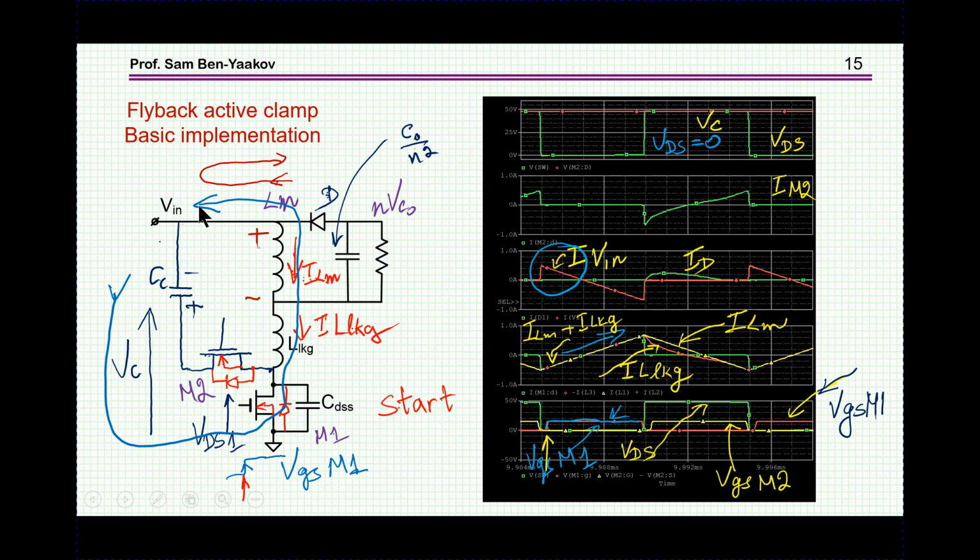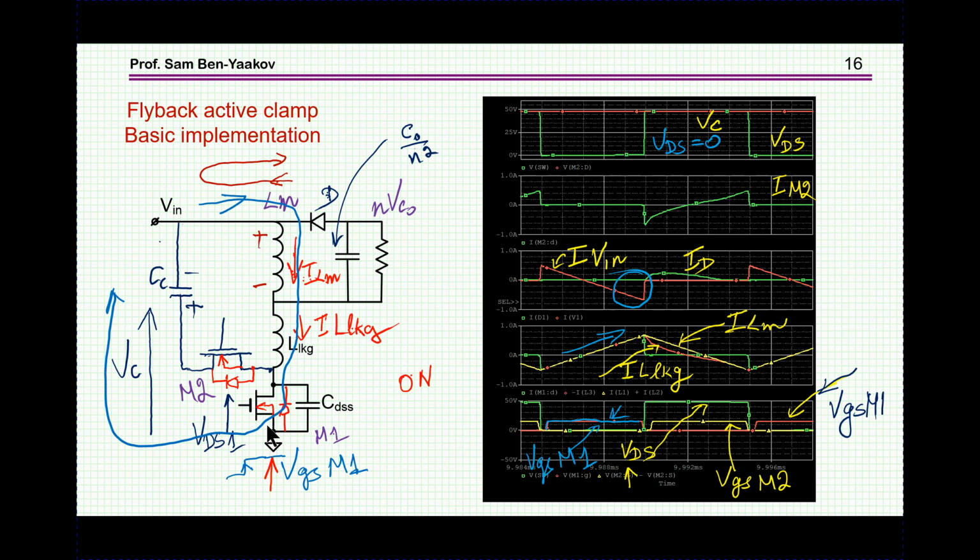So we're starting here. The current is now in this direction, no current to the output, just through leakage and main inductance. The diode is conducting, and we are turning on the transistor at zero voltage switching. That's fine. That's what we want, zero voltage switching at the beginning.